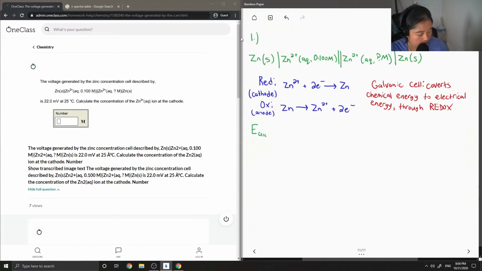So E cell, they said, was equal to 22 millivolts. So I'm going to convert that to volts. So it's going to be 0.022 volts. And this is at 25 degrees Celsius.